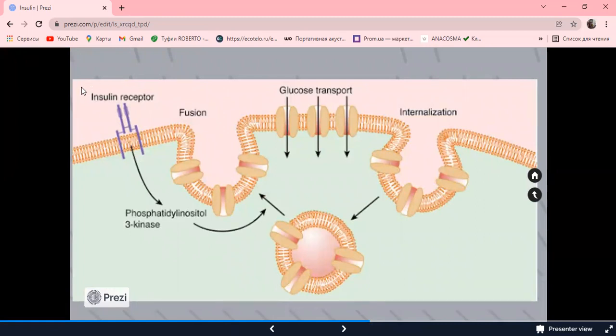If the concentration of insulin is increased, there is fusion of these vesicles and an increase in the quantity of receptors, and after that, glucose transport in insulin-dependent tissues will be stimulated. If the concentration of insulin is decreased, the quantity of these carrier proteins in the cell membrane will be decreased because there is internalization of these carrier proteins.